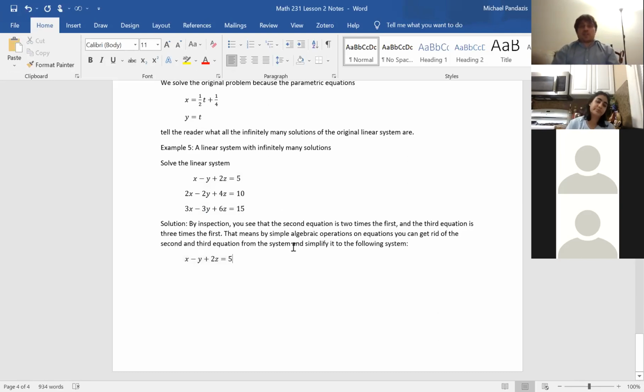Okay, and so now the solutions to the original linear system are all the points x comma y comma z which satisfy this one equation, x minus y plus 2z equals 5.